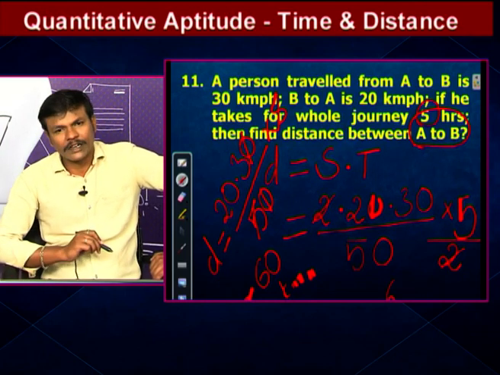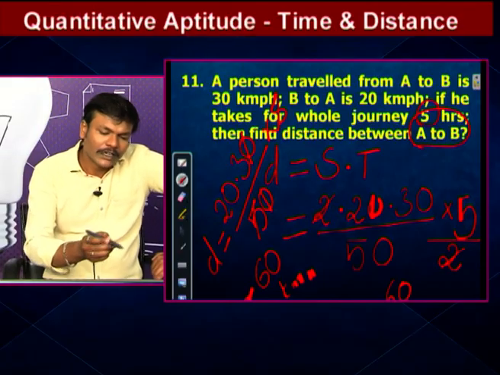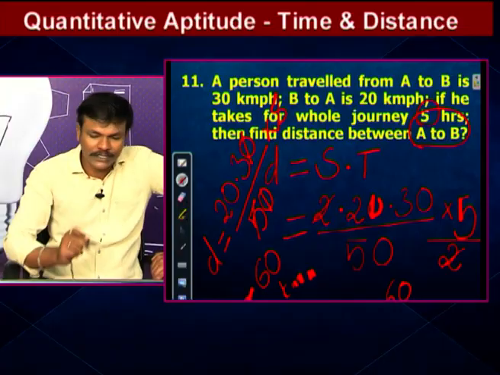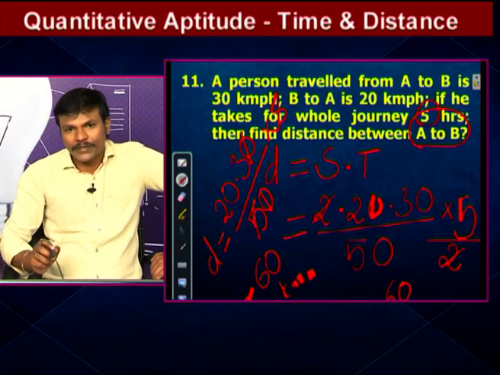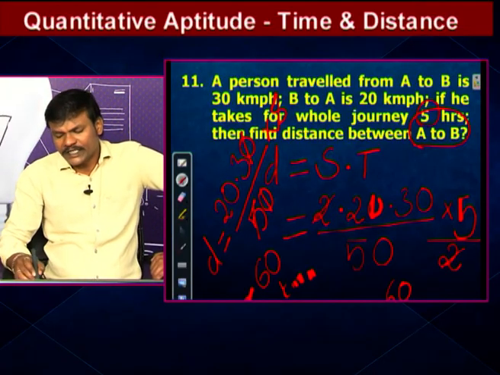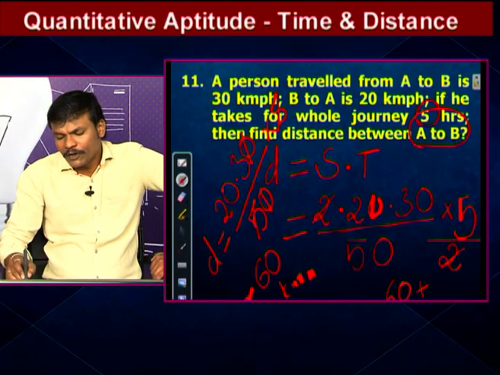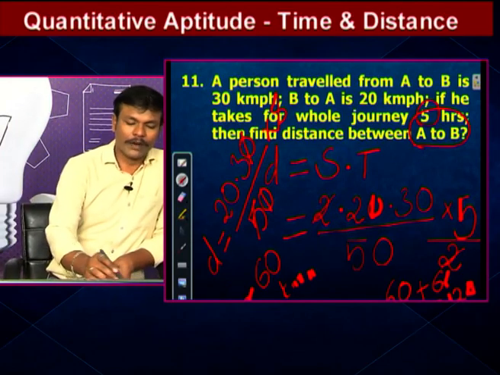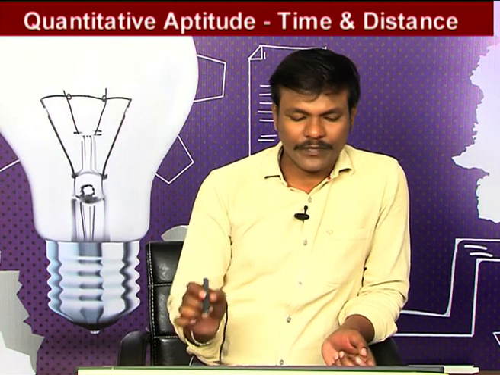The result is, the direct formula when we have two speeds is the multiplication of the two speeds by the addition, into 5 hours. So for A to B it is 60, and for the whole journey, B to A is another 60. Total is 120 kilometers. But the question is for A to B only. Okay, simple, you have to understand. We need the distance A to B only, not the distance he travelled in total.